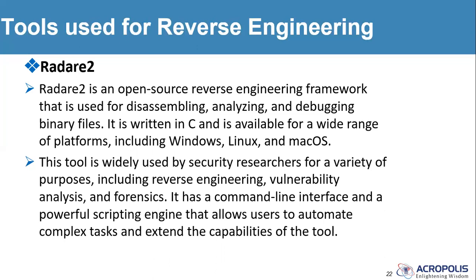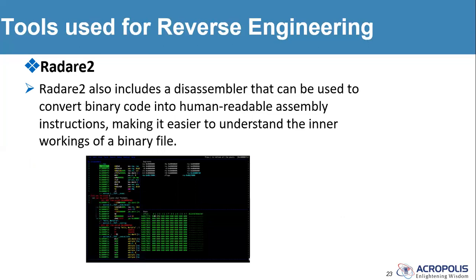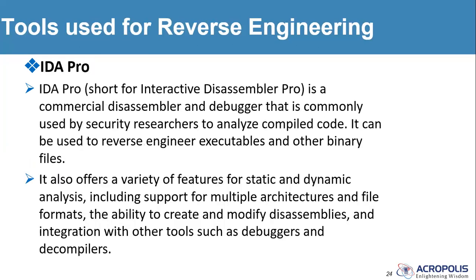It has a command line interface and a powerful scripting engine that allows users to automate complex tasks and extend the capabilities of the tool. Radare2 also includes a disassembler that can be used to convert binary code into human readable assembly instructions, making it easier to understand the inner workings of binary files.